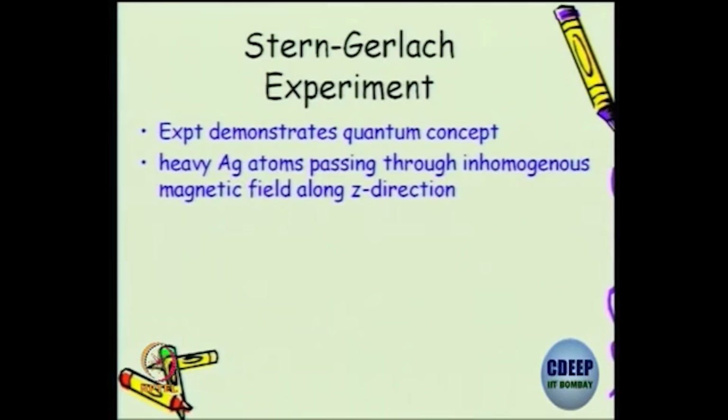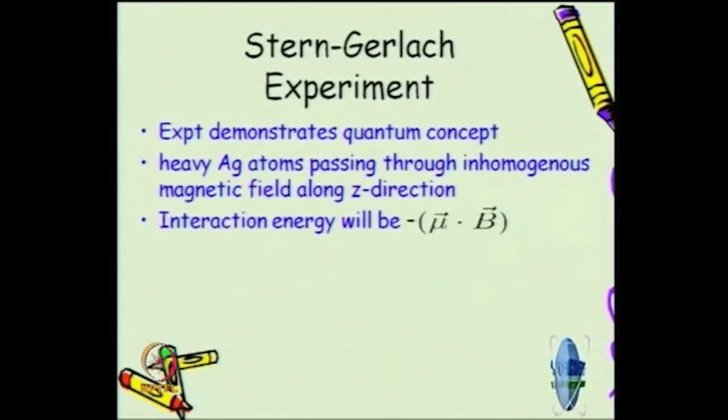So, if you take heavy silver atoms and pass them through an inhomogeneous magnetic field along the z direction, you do see, contrary to your classical physics, two beams splitting.